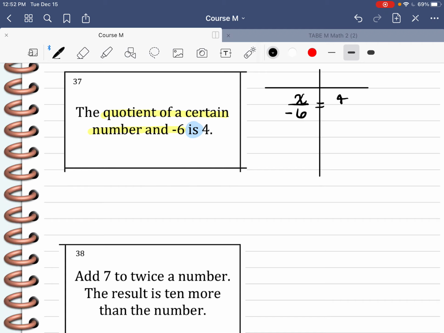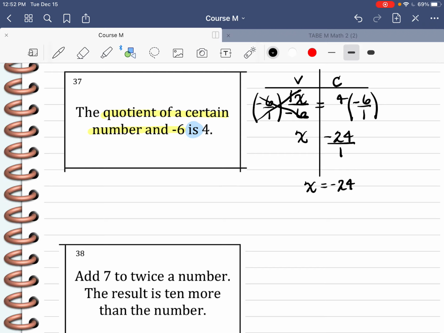Power t, put your 1 there. Variable and constant, I'm going to multiply by negative 6 over 1. So you end up with negative 24 over 1. X is negative 24.